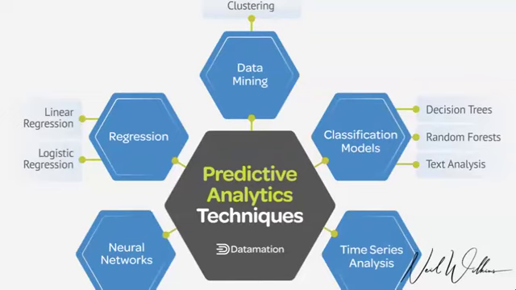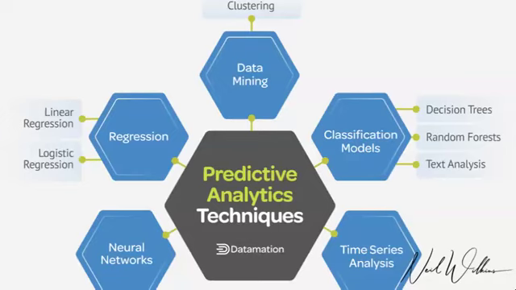So Datamation have come up with a range of very clearly defined predictive analytics techniques, just so that we can identify the kinds of approaches. And certainly if any statisticians are amongst us here today, these are things you can look at to use your past data, past performance, past analytics to predict the future.